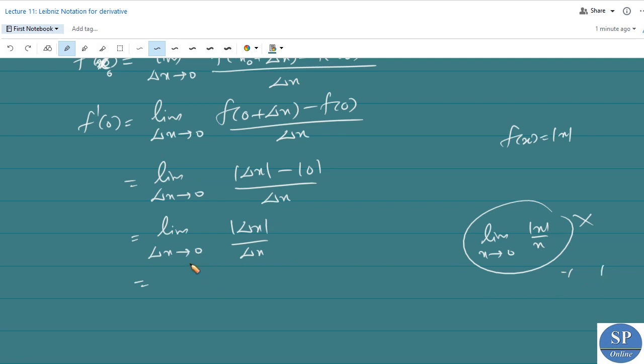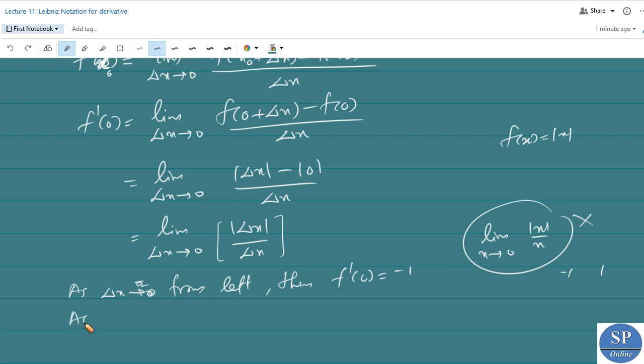In a similar way, the left limit and right limit of this limit are not equal. When delta x approaches 0 from left, that is delta x is less than 0, it has the value minus 1.